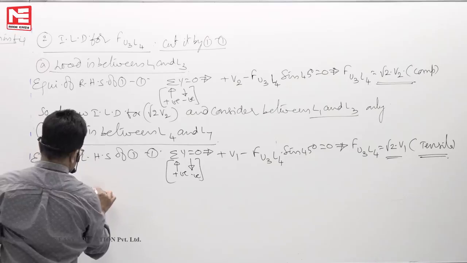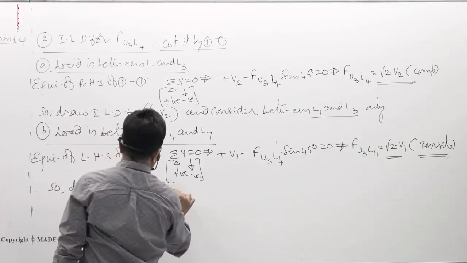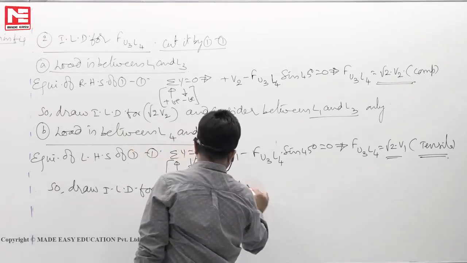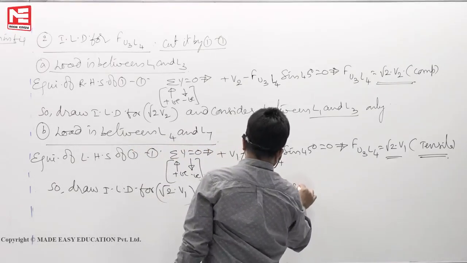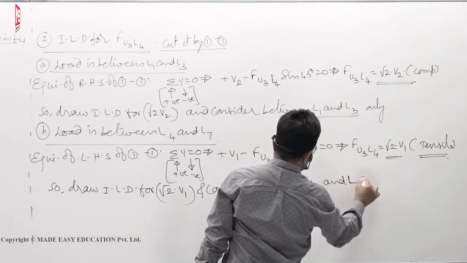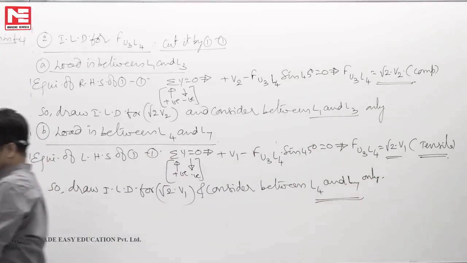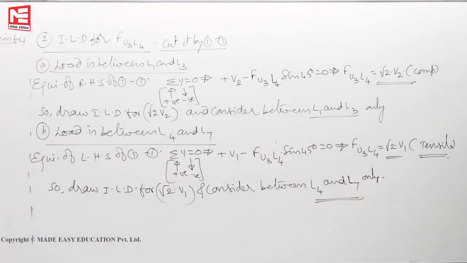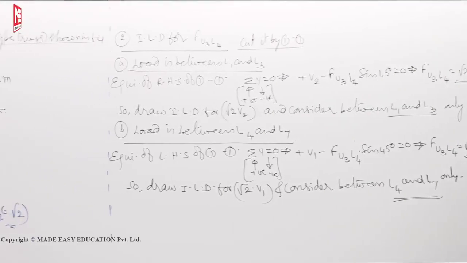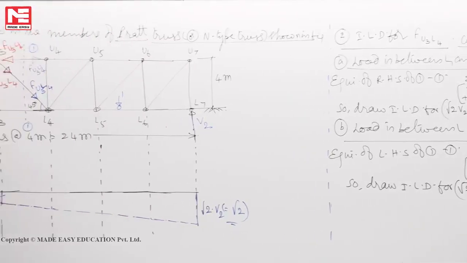So draw ILD for root 2 V1 and consider between L4 and L7 only. L4 root 2 V1 means it goes now, we have to lift it up above reference line we are drawing because it is tension.